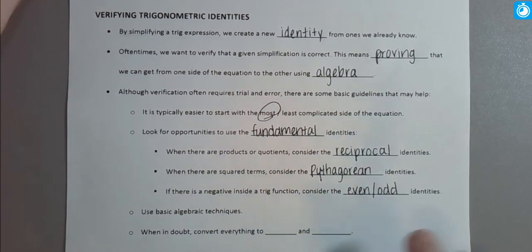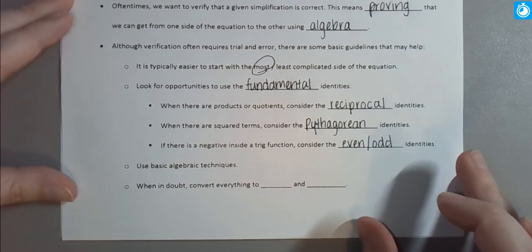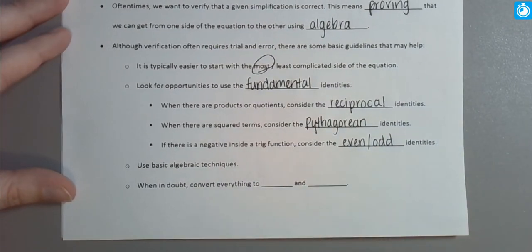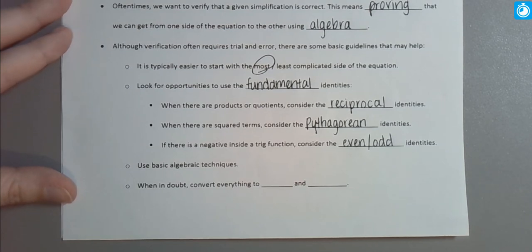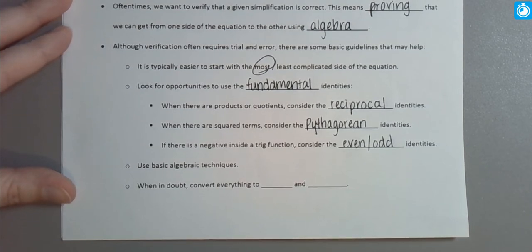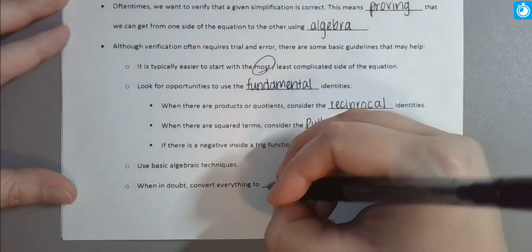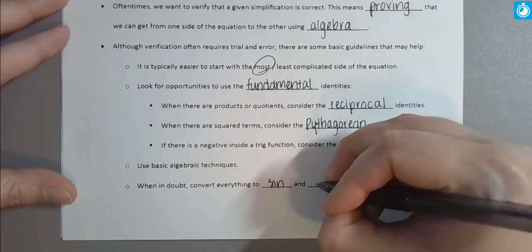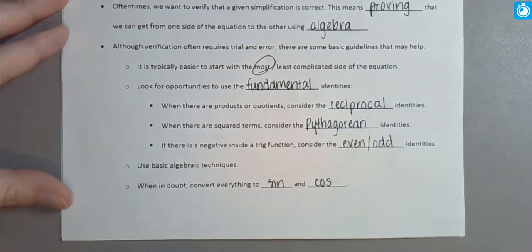Other options, use your basic algebraic techniques. In other words, finding a common denominator, factoring, those kinds of things, those strategies that you use to take an expression and simplify it. And again, just like with the simplification problems, when in doubt, if you're stuck, you're not sure what to do, a good strategy is to convert everything, write everything in terms of sine and cosine.